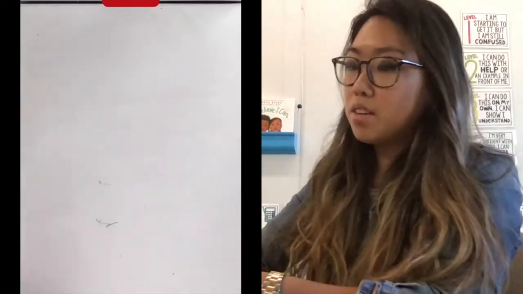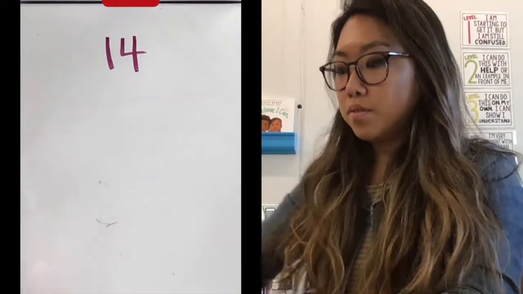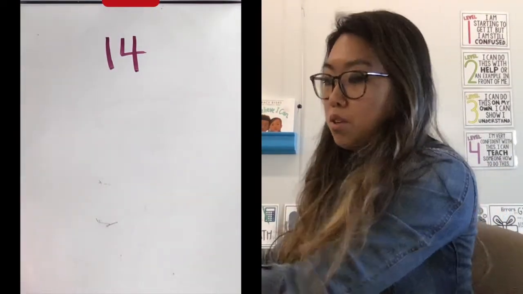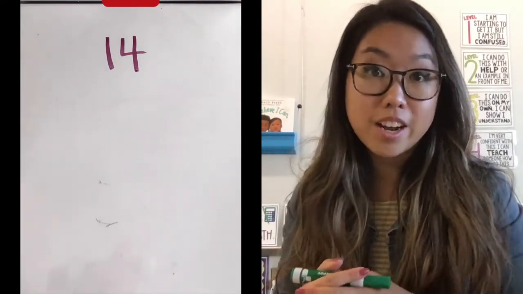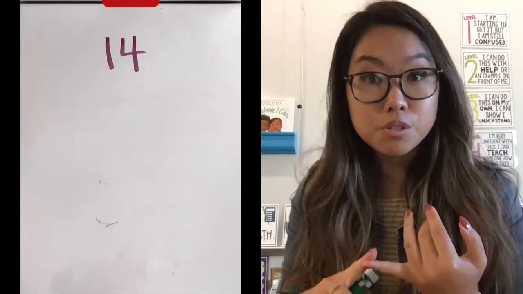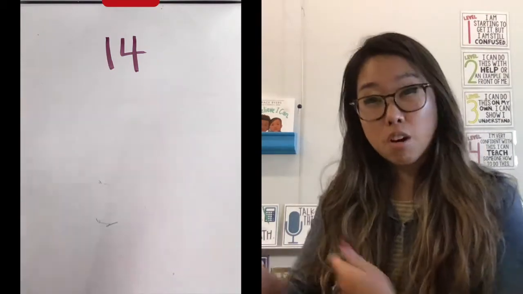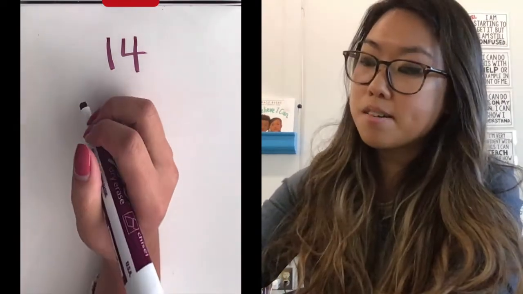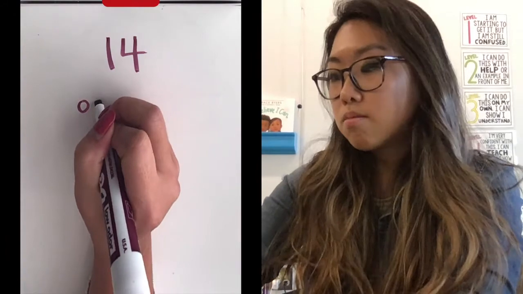Let's do one more. I have the number 14. If you don't have tools that you can use, or you want to try a different strategy rather than using your tools or your number line for skip counting, you can draw your number. We can use circles.